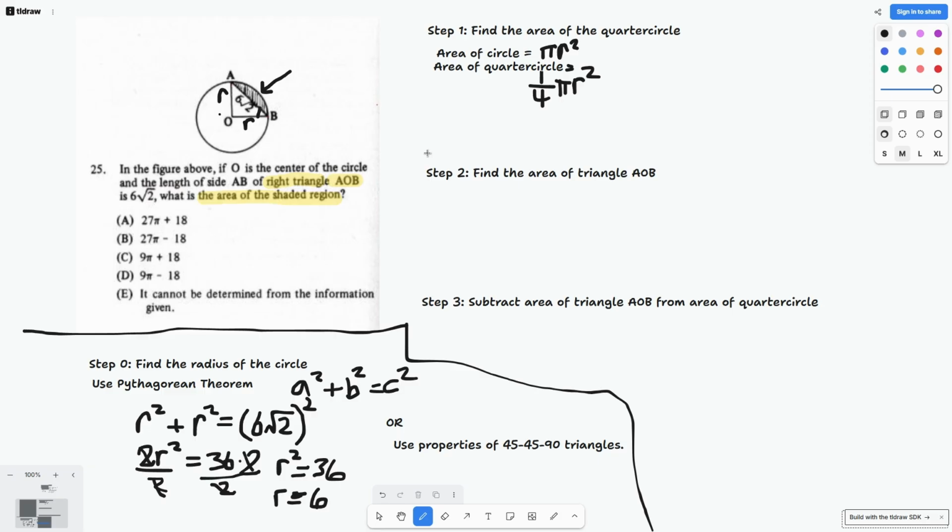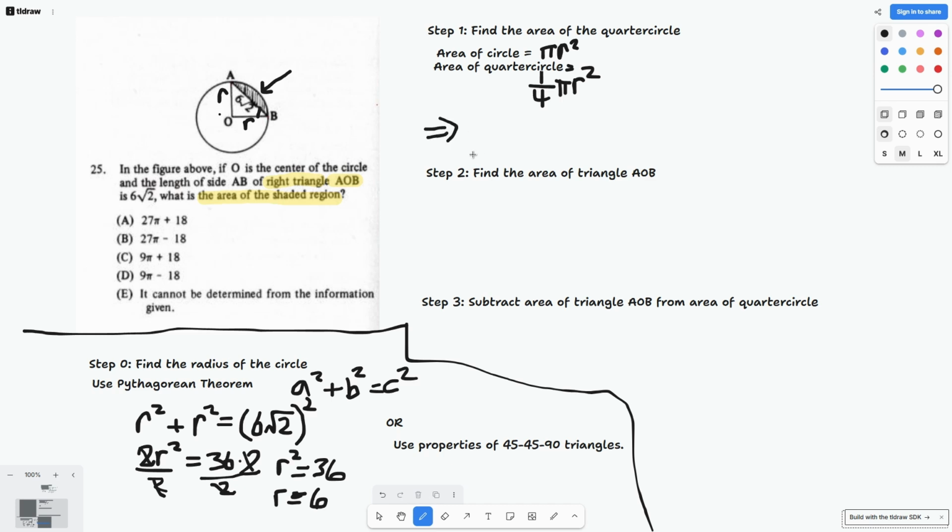And I know that seemed like a lot of work, but the nice thing is that now step 1 is pretty straightforward, right? Now we're just going to substitute r is equal to 6 into this formula.